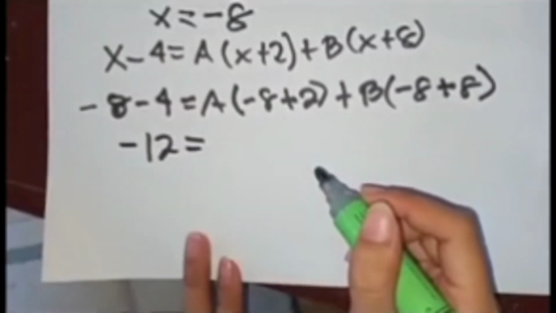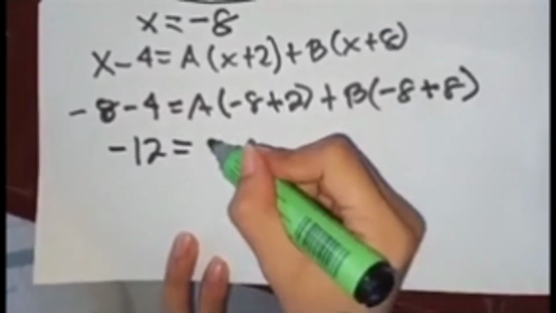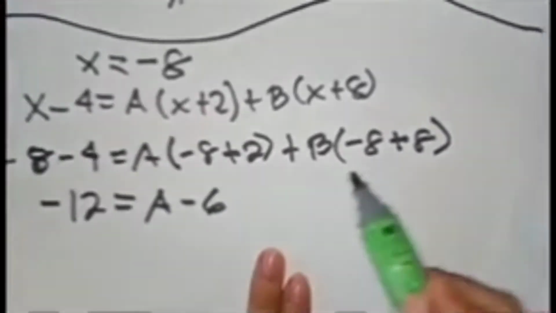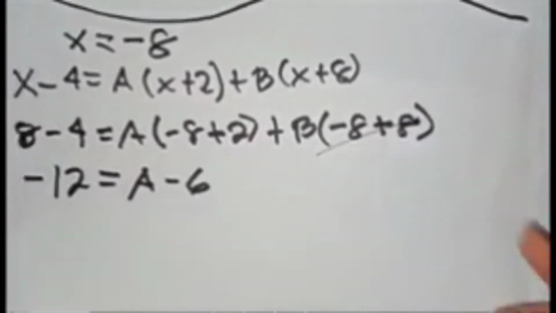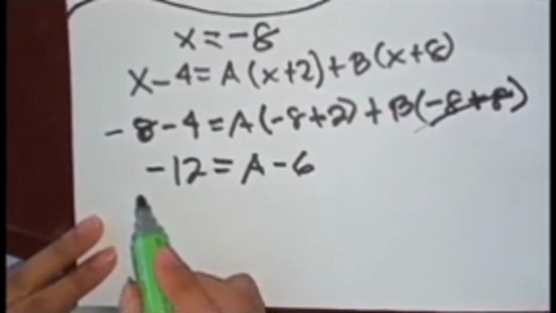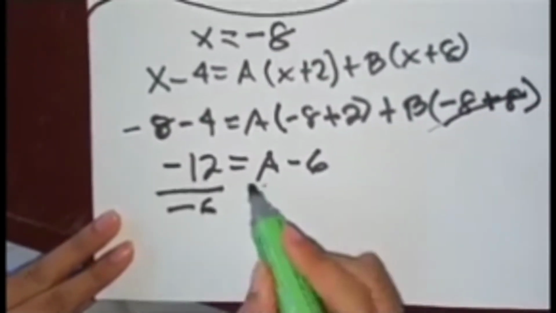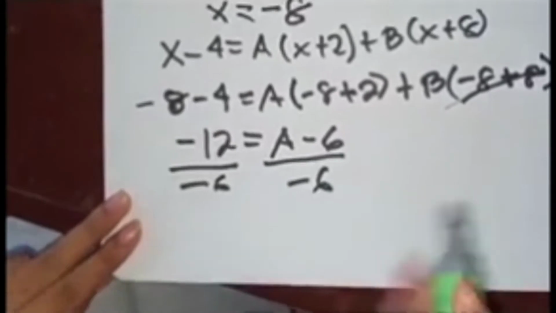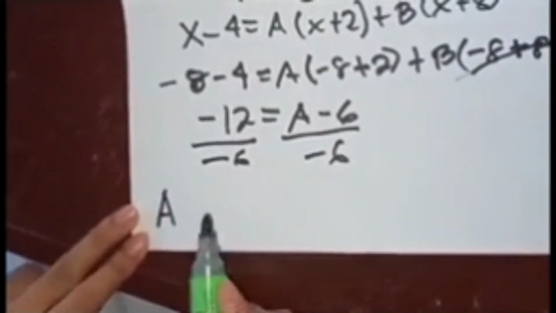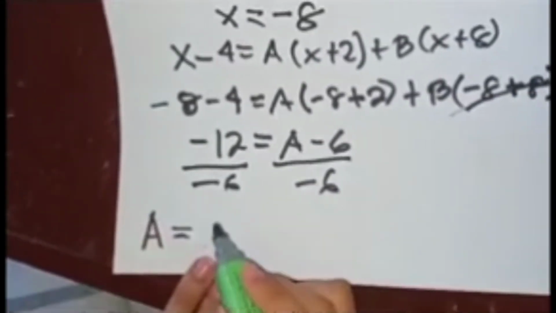Negative 8 plus 2 is equal to negative 6. So this will be cancelled. Okay, let's divide both sides by negative 6. So the answer will be A is equal to positive 2.